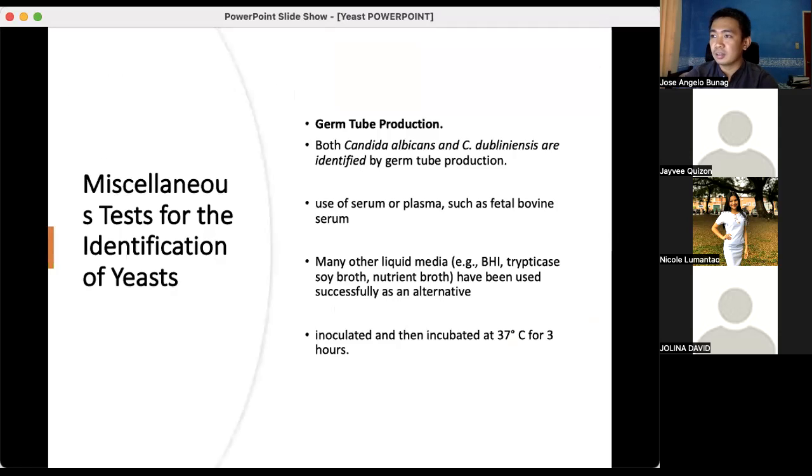Okay, another. Now we have your miscellaneous tests for the identification of yeast. We have germ tube production. Please take note that the term germ tube is short for germination.